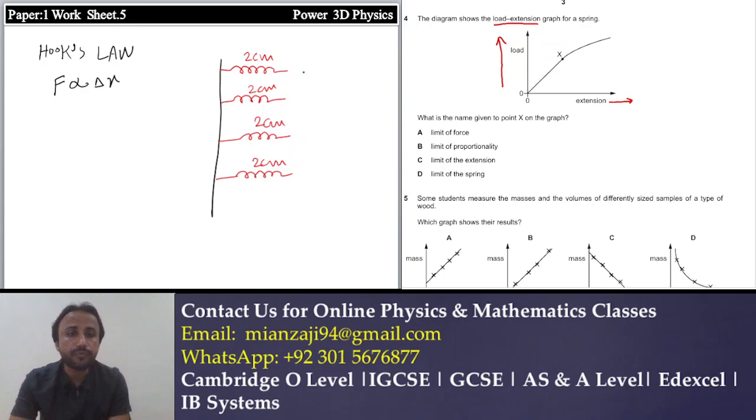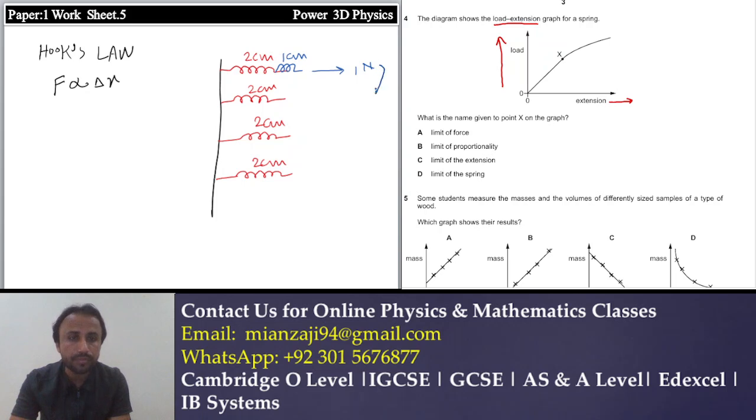We are applying force in these directions. Let's say we apply a force of 1 Newton. The length of the spring will increase by 1 cm. Let's say its new length is this one. This is an increase in its length of 1 cm.